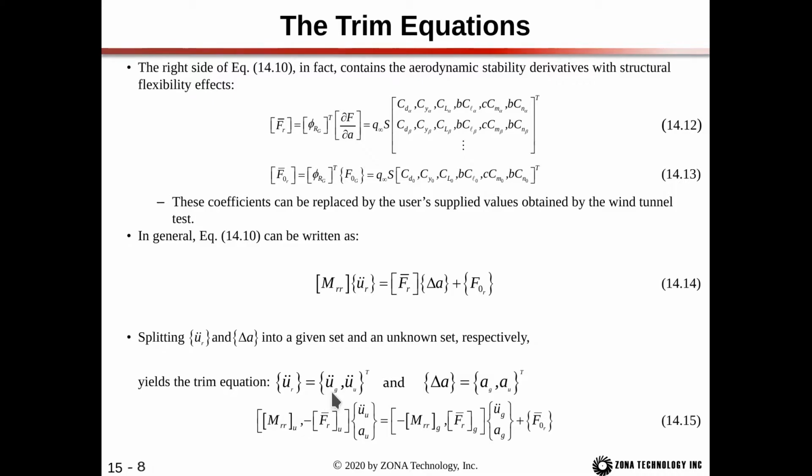So ü_G is the given set of ü, and ü_U is the unknown set of ü. And then δ_A we split into the A given and A unknown. So that gives us equation 14.15. So we're just rearranging terms so that we have the unknown on the left-hand side and the given on the right-hand side.